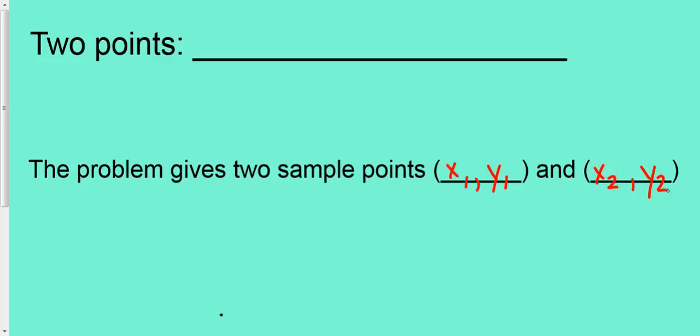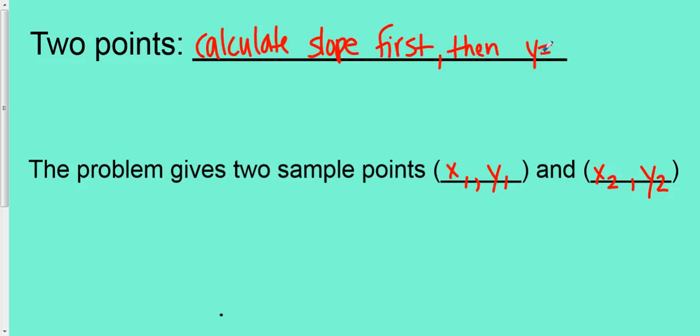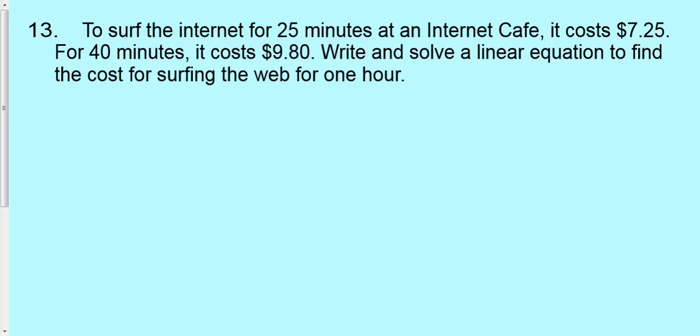And when we are given two sample points, we need to calculate slope first. Then we can use y equals mx plus b, the slope-intercept form, to help us solve. So let's go ahead and try our first example.